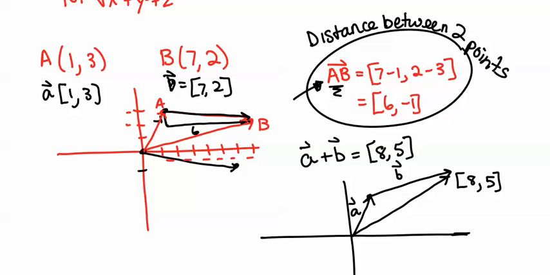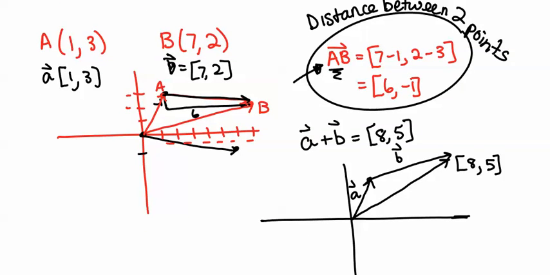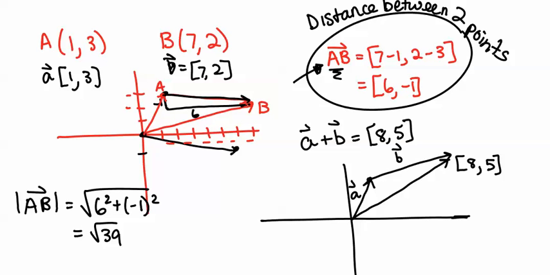And then if we wanted to find magnitudes, so if we wanted to find the magnitude of vector AB, we can use the Pythagorean theorem. So 6 squared plus negative 1 squared. So root 37 would be... root 39 would be the magnitude of this vector right here. Root 39 is how long this length of it is.